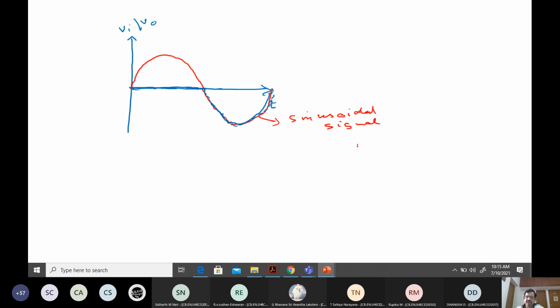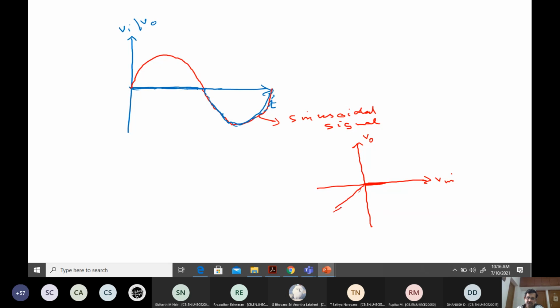So how will the transfer characteristic look? For positive, there is no output. So it will be like this. This is my V out. This is my V in, and for the negative half cycle, it will follow the signal.